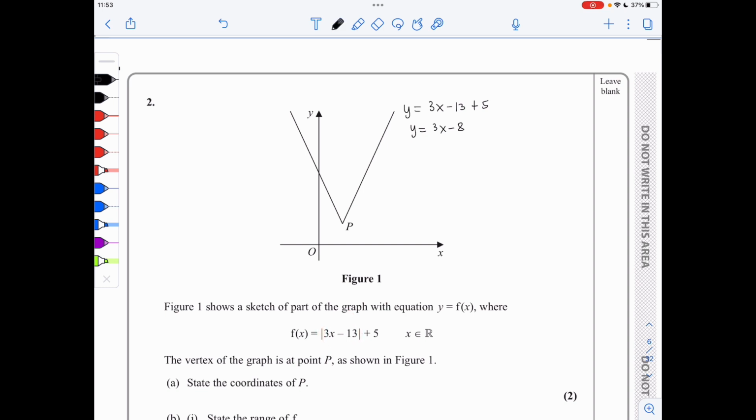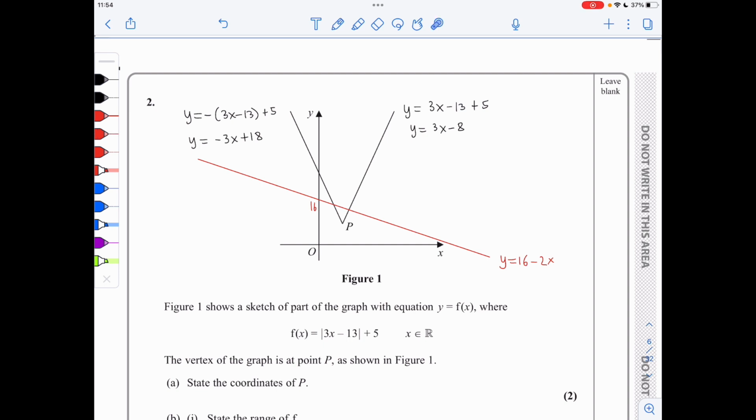And on the left hand side, we've got y is minus brackets 3x minus 13, plus 5, which gives me y to be minus 3x plus 18. And then we've got the line y is 16 minus 2x. So it's a line going like this, cutting the y-axis at 16.